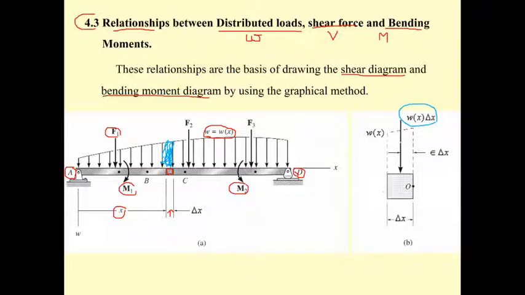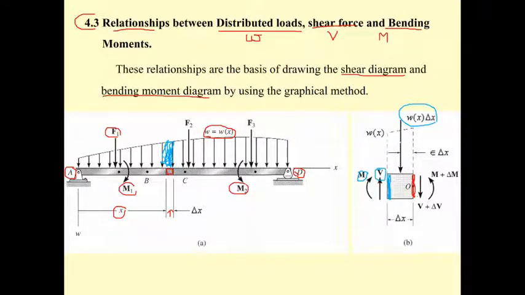Then on the left hand side and the right hand side, we're going to have the internal shear force and internal moment. If on the left the values of the shear and the moment are V and M, when you move to the section on the right, the values of shear and moment will change, as I mentioned before.